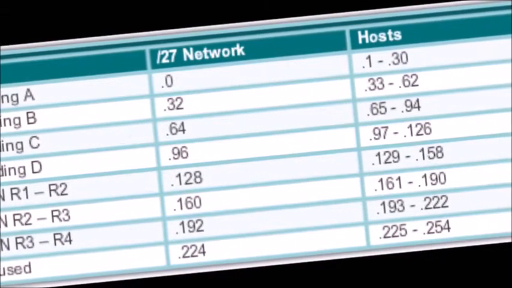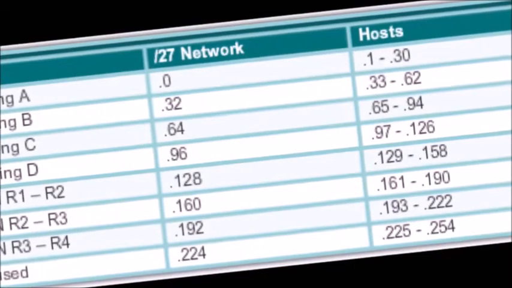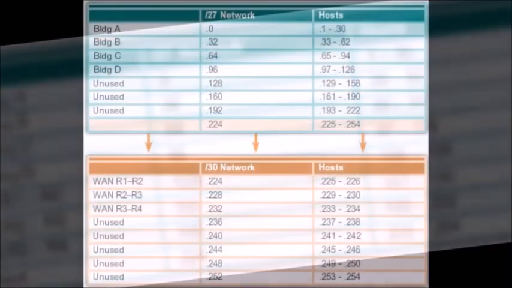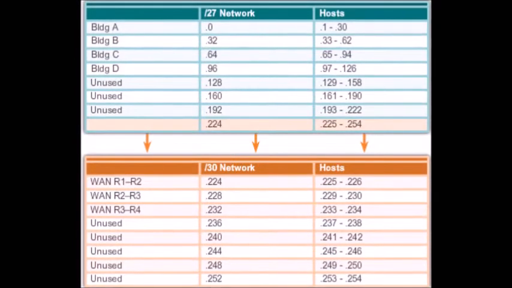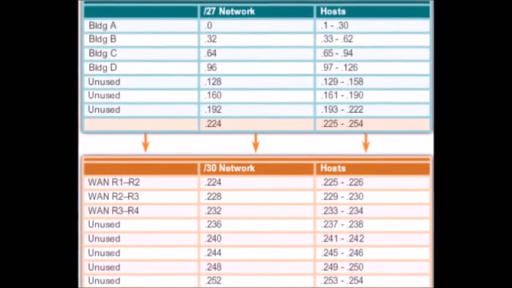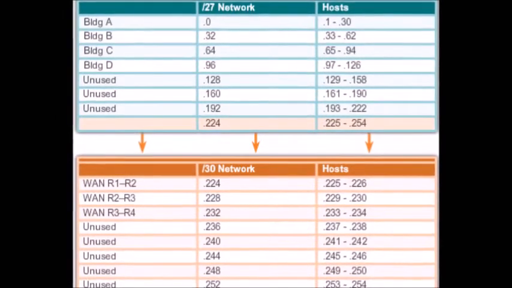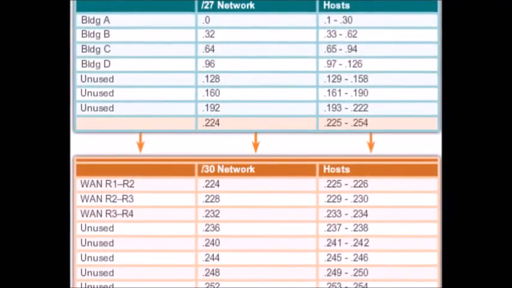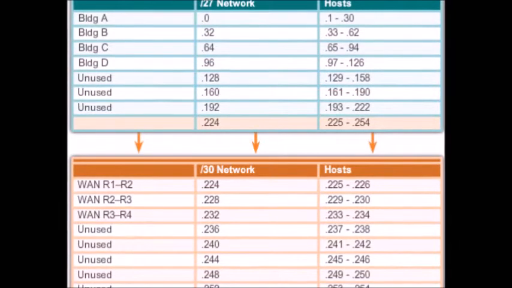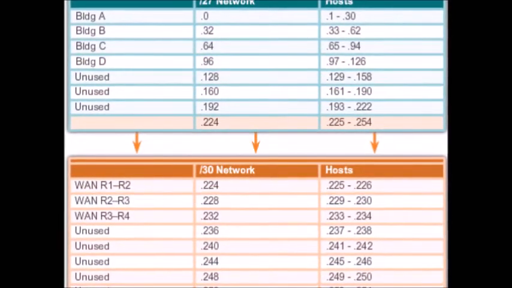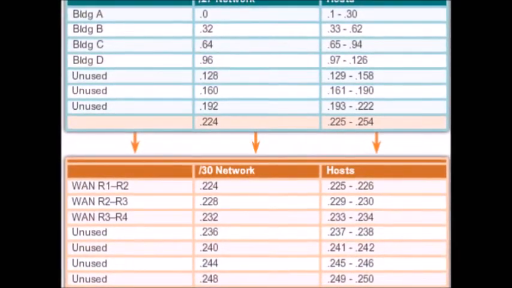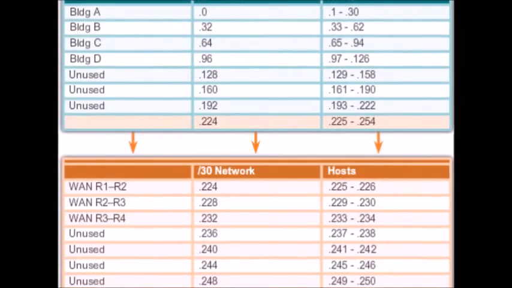This scheme results in 8 subnets with 3 usable addresses each. In order to use the address space more efficiently, prefix /30 subnets are created. The last prefix /27 subnet was further subnetted to create the /30 subnets. Designing the addressing scheme in this way leaves 3 unused /27 subnets and 5 unused /30 subnets.